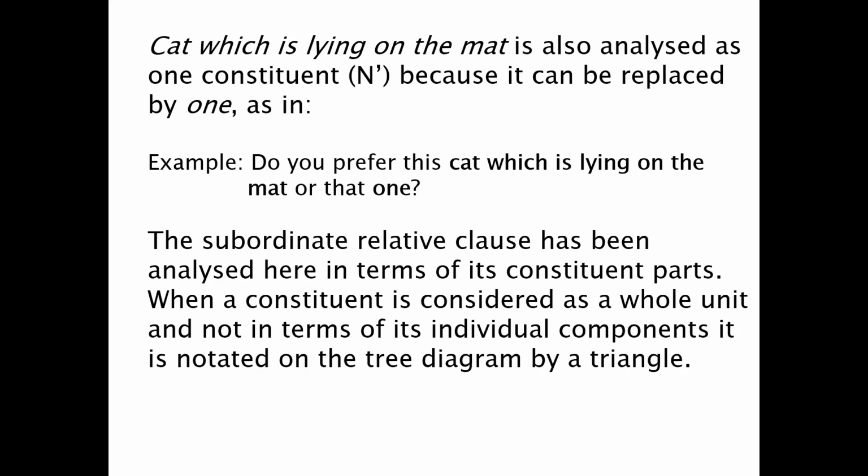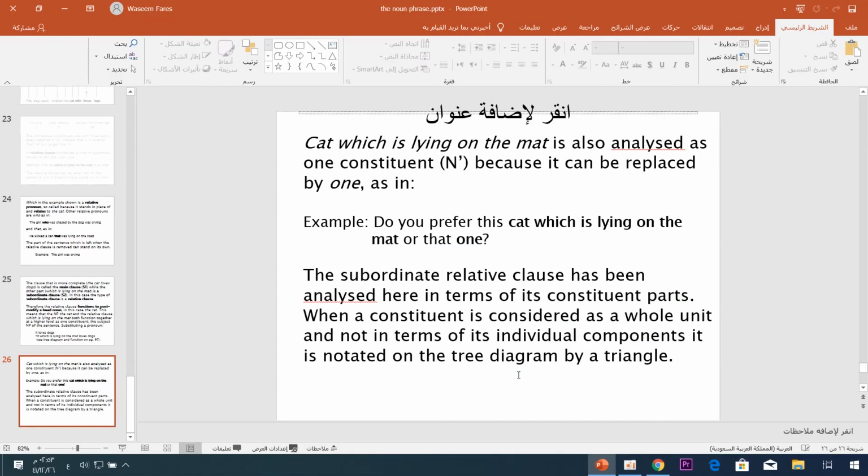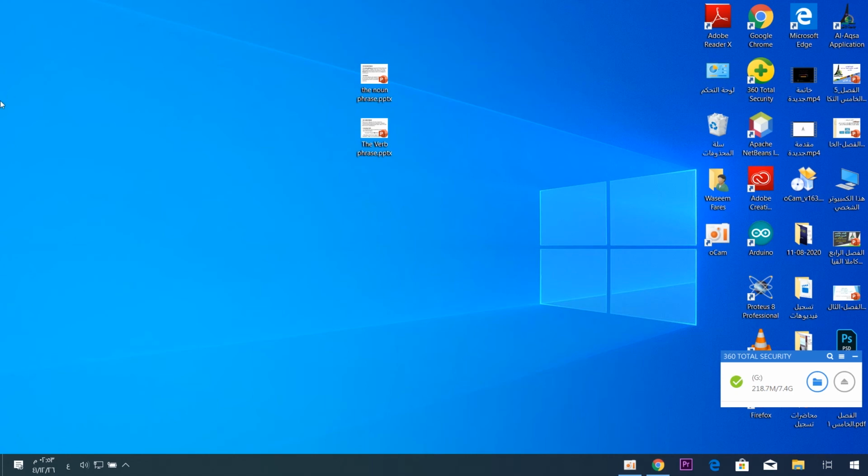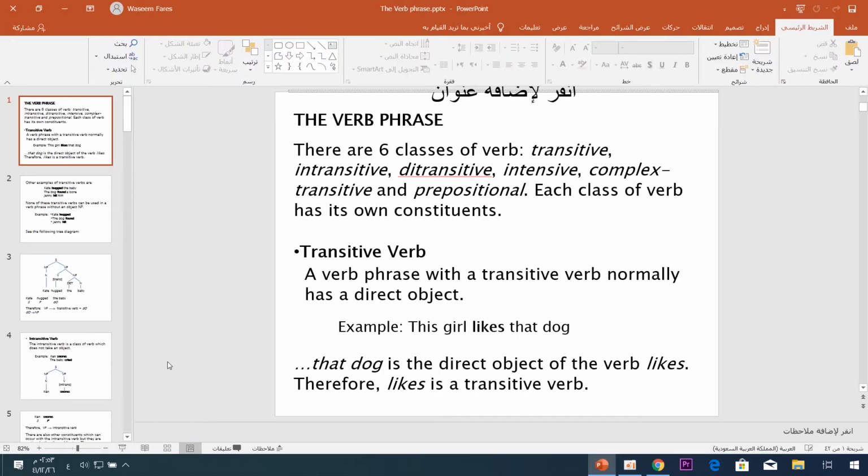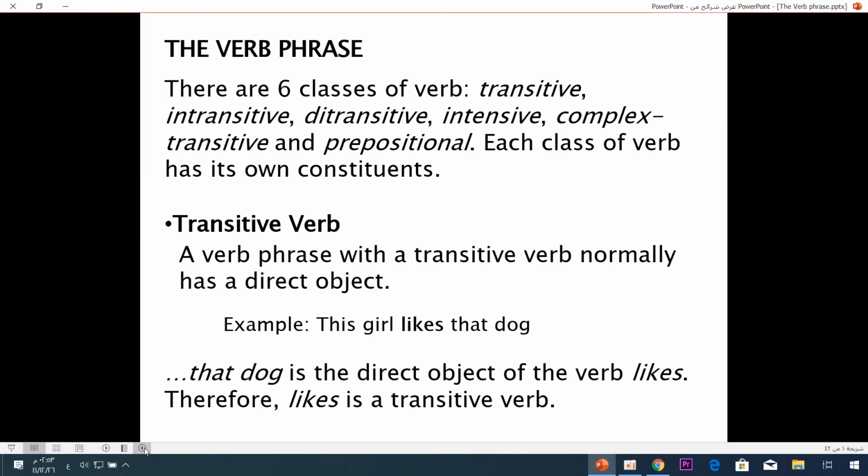Now we want to move to the verb phrase. We finished with the noun phrase, and now we are moving to the verb phrase. We don't want to spend more time on it, dear students. I think you have an idea now about the verb phrase.